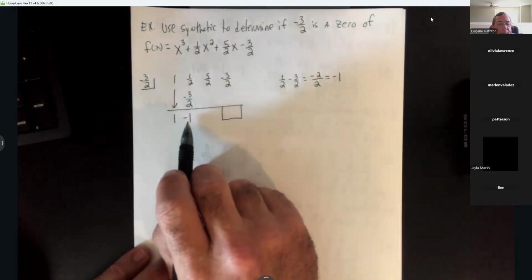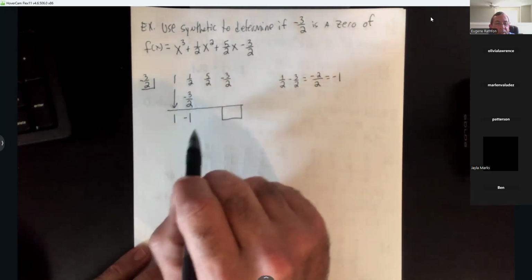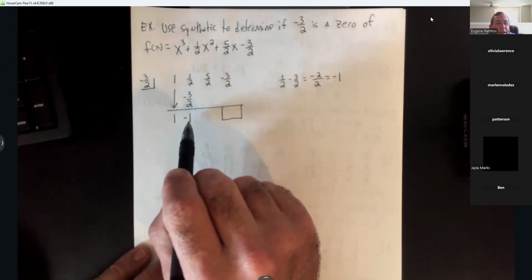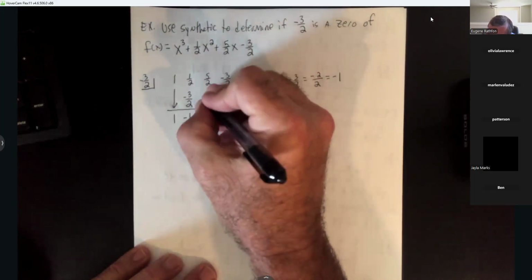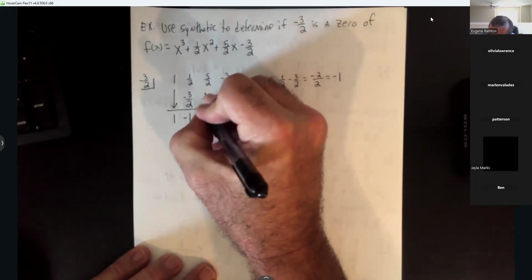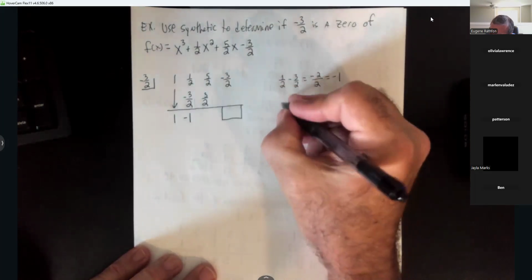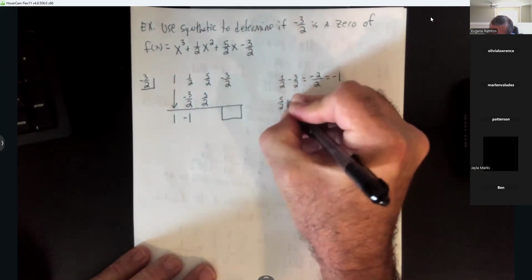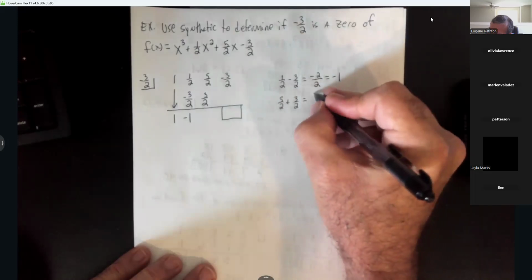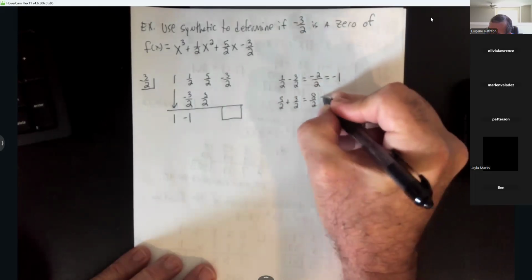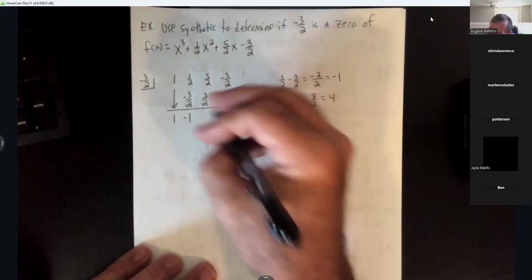All righty. Now you can add these on your calculator if you want to. It'll add fractions. So here we got a negative 1 times a negative 3/2. That's going to make that a positive 3/2. So now I'm adding a 5/2 plus 3/2. Well, 5 plus 3 is 8 over 2. And y'all look at that. 8 divided by 2 equals 4.